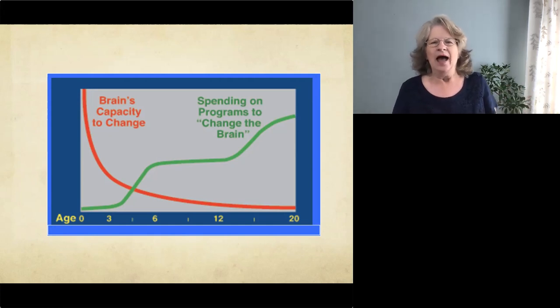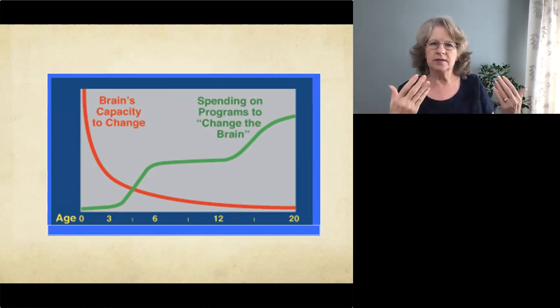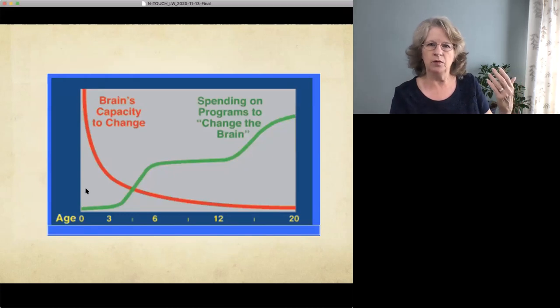Another image that you'll have in the resources that you can use, it's a very simple one, but it helps us understand that with the Newborn Touch curriculum, we have learned that the brain's capacity to change is way before birth. And there we are right there, 4th trimester.